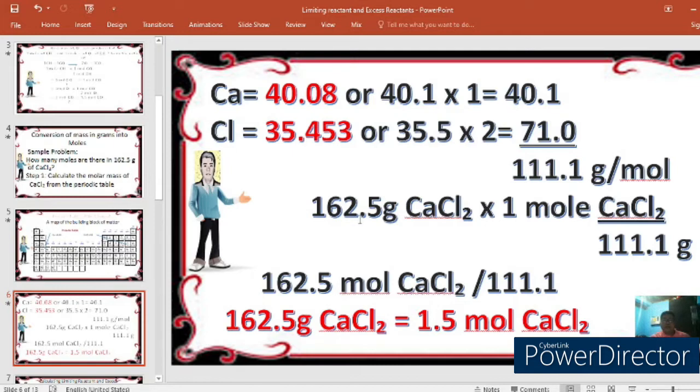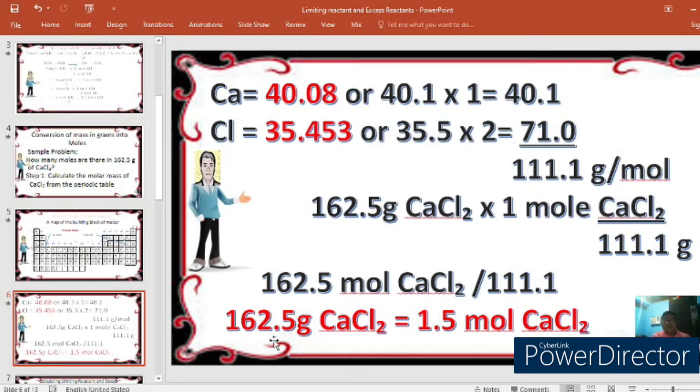So 162 grams calcium chloride times 1 mole calcium chloride divided by 111.1 grams. So we have to cancel grams here and also here. So what is left is 162 mole calcium chloride divided by 111.1 to give us 1.5.